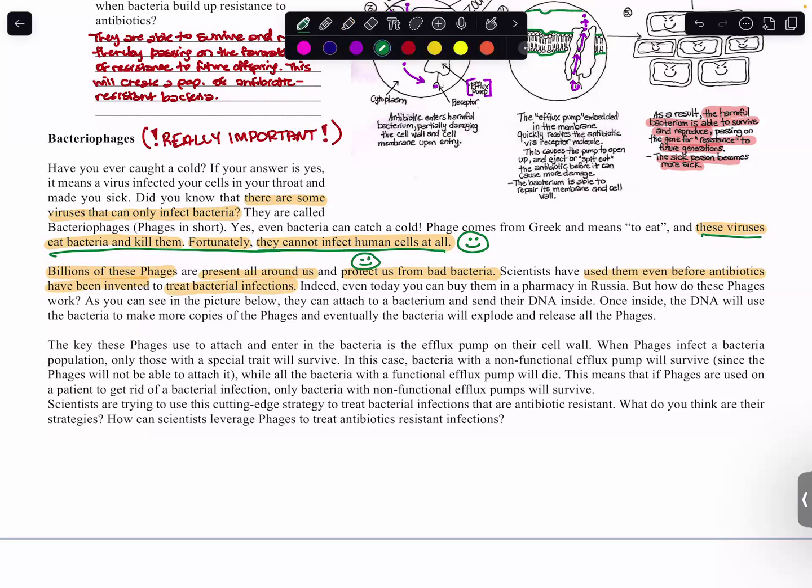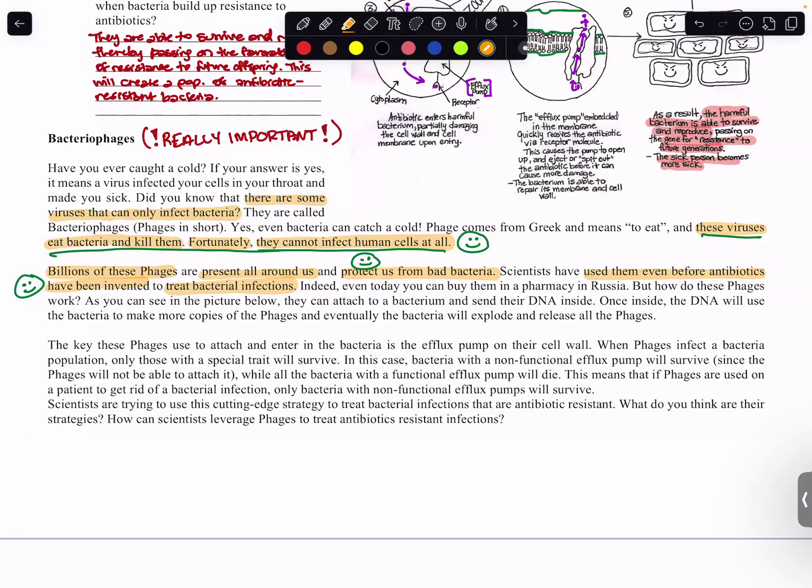That's a net positive. So now we're using something that's like a virus, not necessarily a medicine, but something that naturally occurs and we don't have to manipulate it. And we used it even before antibiotics. That's pretty incredible. Indeed, even today, you can buy them in a pharmacy in Russia.